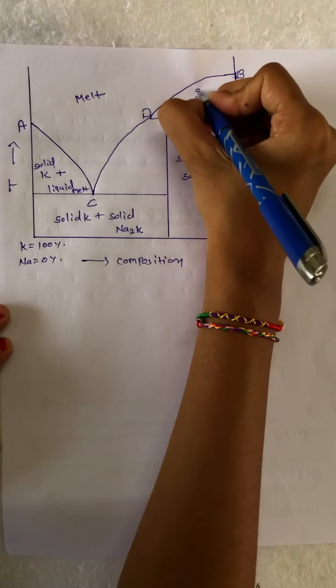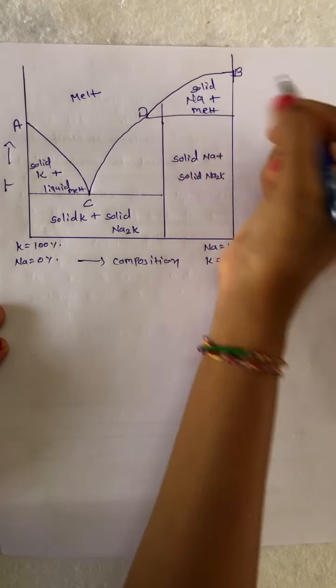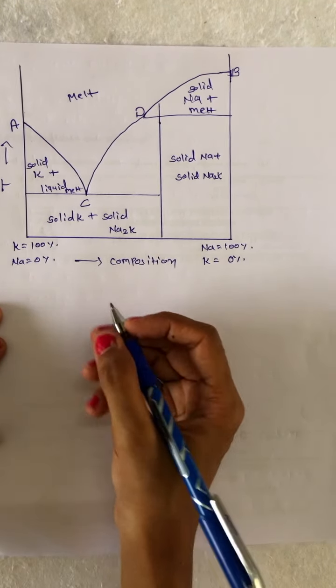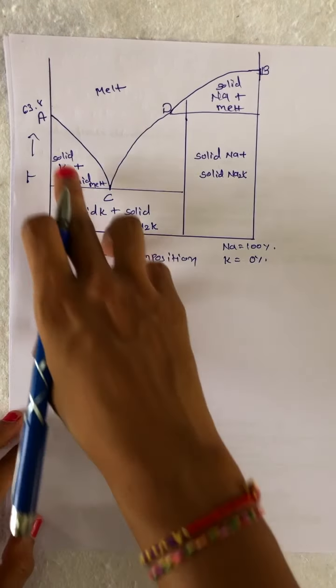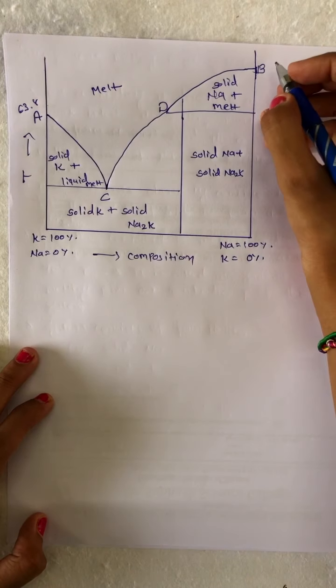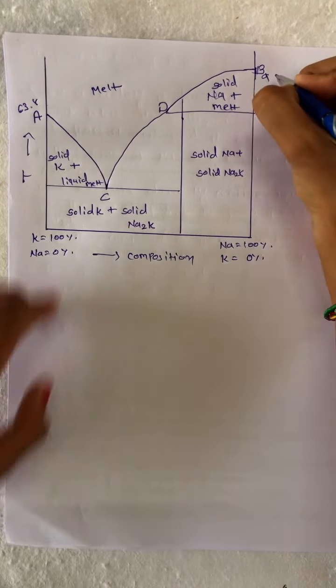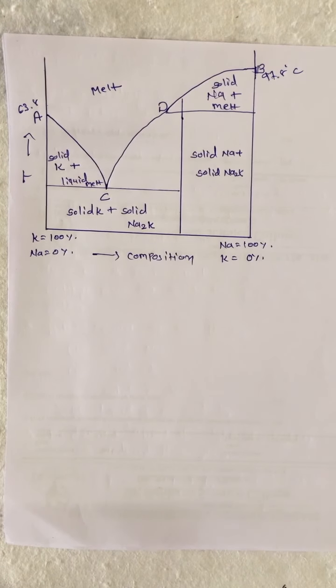Here also Na solid plus melt, right? So here temperature is 63.8, and here 97.8 degree Celsius, right?